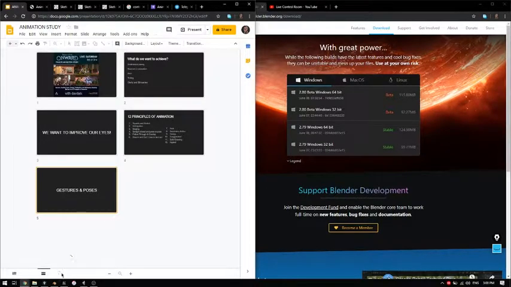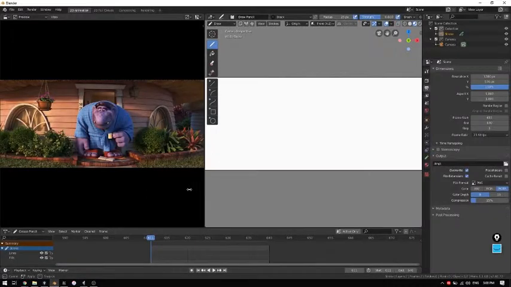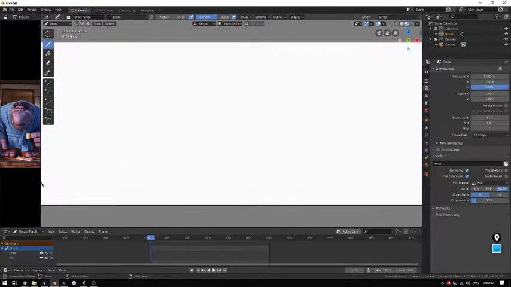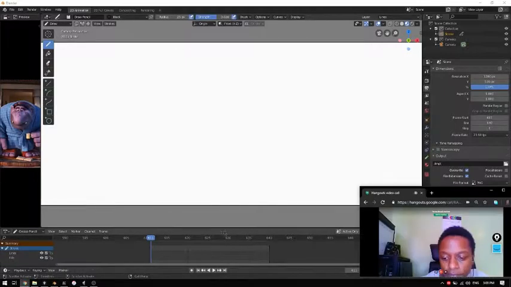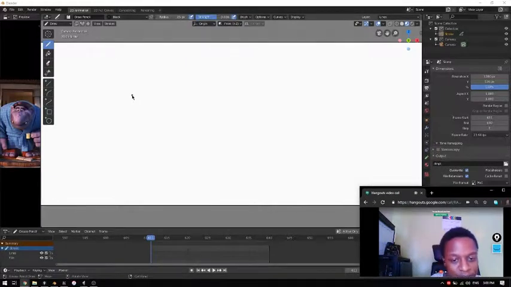So I'll pop open Blender now, and this is probably the setup I had ready for this class here, but I'm going to use this to just quickly draw on top and show you the concept that I'm talking about. Old school Wacom here that has served me very well over the years, and so I'm going to be using it to quickly show you guys what I mean when I'm talking about gestures.